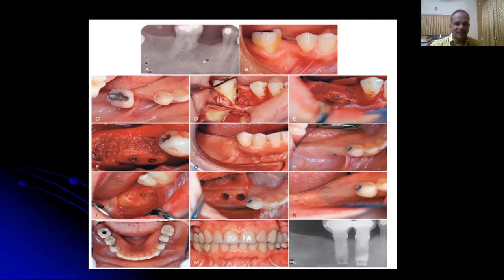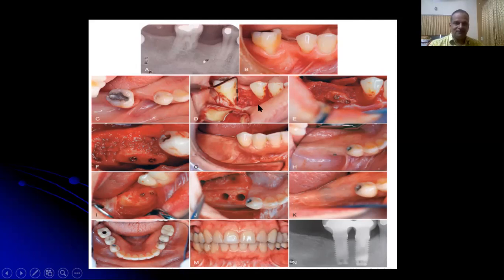Here the crestal incision was given and the sulcular incision was given around the natural teeth, and then the second molar was extracted as conservatively as possible. All the soft tissues within the socket and on the alveolar ridge should be removed with surgical curettes, and the site nicely irrigated with saline.